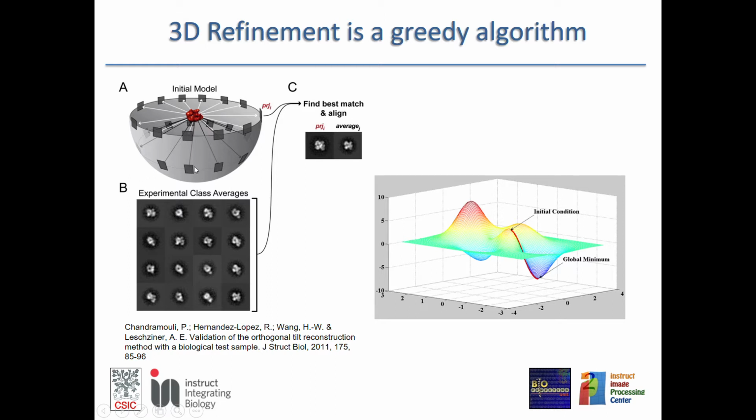And then you need to assign points of view to these individual particles. For doing that, you project your initial volume in many directions, and then you compare those projections with the experimental ones, and then you decide for every experimental image which one is the reprojection that looks most similar.